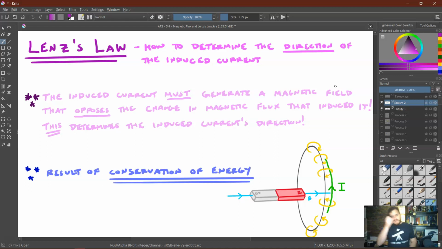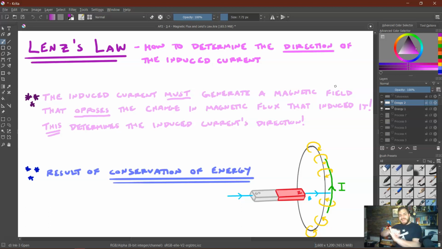So instead, what we need to think about is go detail by detail. When I push the magnet into this loop of wire, it generates magnetic fields in the opposite direction that oppose me doing that. They're pushing against me as I push this magnet in. But that means I'm doing work against this.